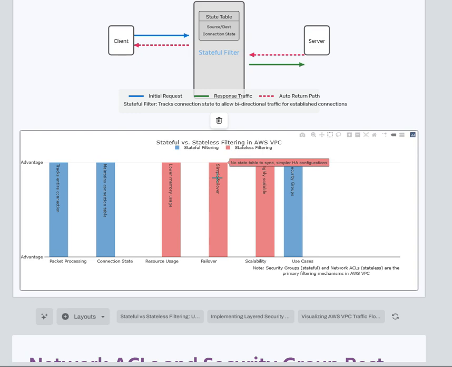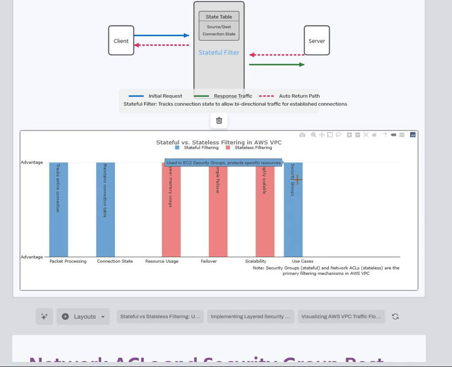No state tables to sync, simpler HA configurations for high availability. It can scale more easily without connection state limits. So for scalability, there's no problem with the number of rules filtering in that case, right?